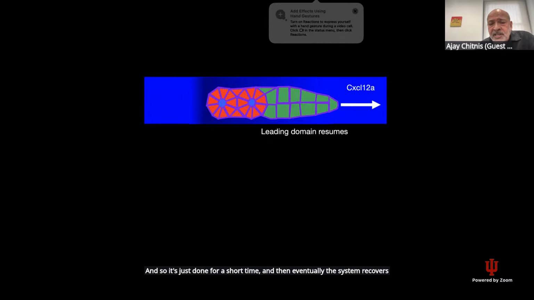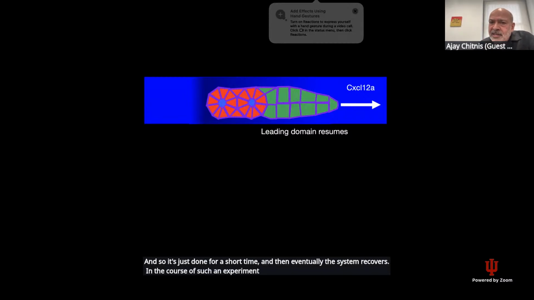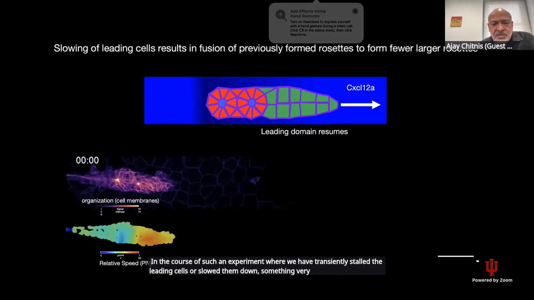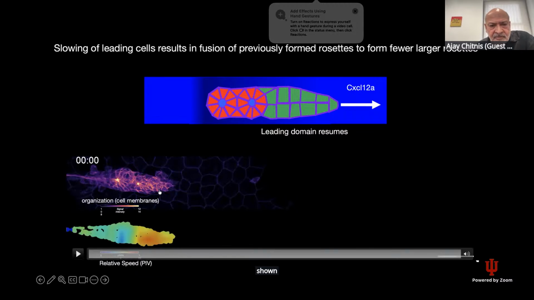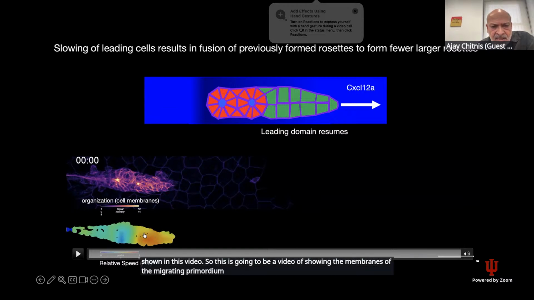In the course of such an experiment, where we have transiently stalled the leading cells or slowed them down, something very interesting happens, which is going to be shown in this video. This is a video showing the membranes of the migrating primordium, and this is a PIV analysis which shows the relative speed of the cells in the different domains within the primordium.